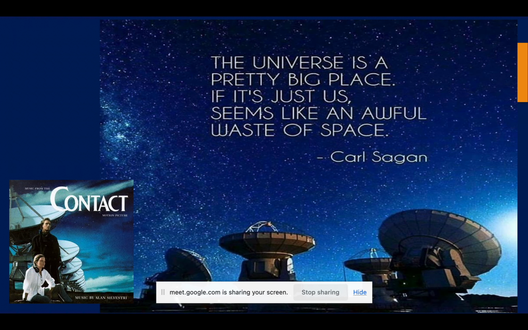If it's just us, it seems like an awful waste of space. This was the very simple argument Carl Sagan gave as to why we need to look for life in the universe, starting off with exoplanets. So first of all you look for exoplanets, then you look for habitability, and then you look for life, right? That was the argument given by him.